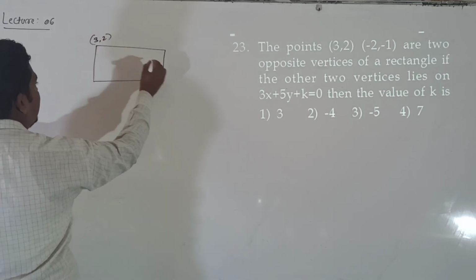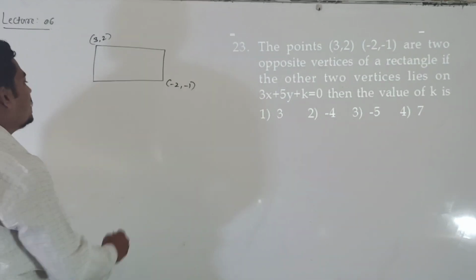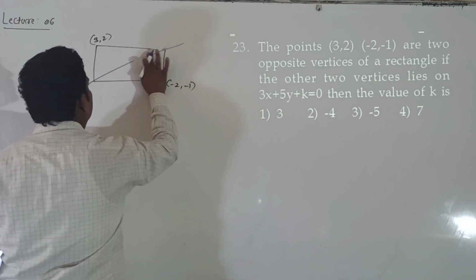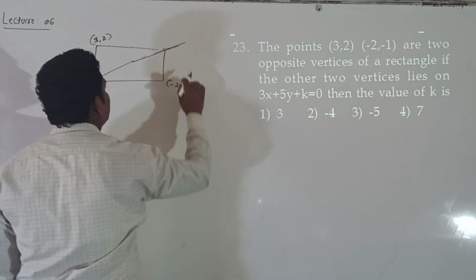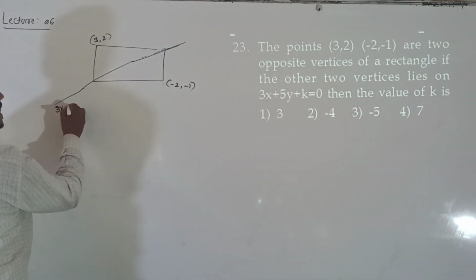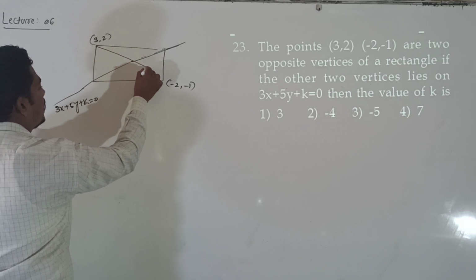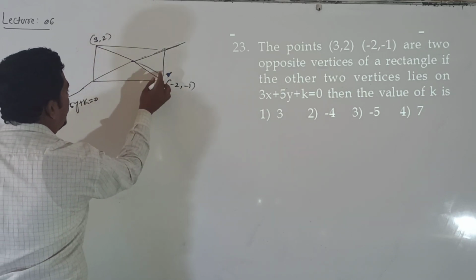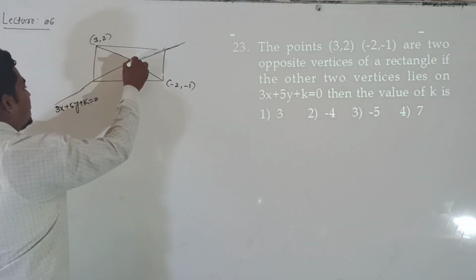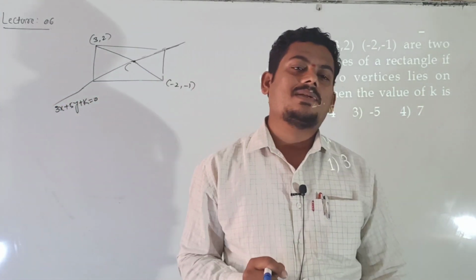Then the other two vertices lie on a line whose equation is 3x plus 5y plus k equal to 0, and already you know diagonals intersect at the midpoint, right? Then by using the midpoint formula, what are the coordinates of this midpoint? In a rectangle, the diagonals intersect at the midpoint.